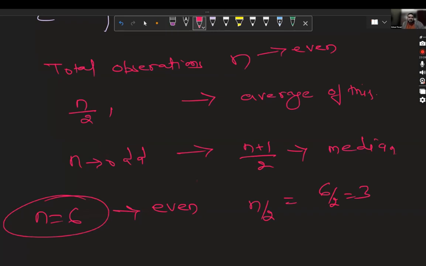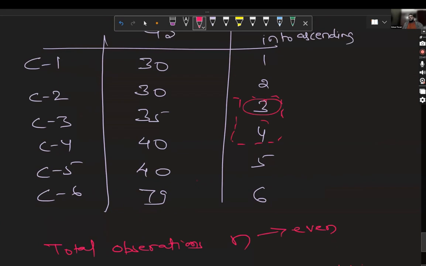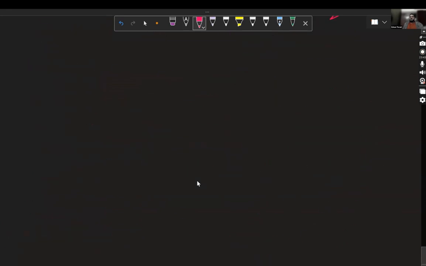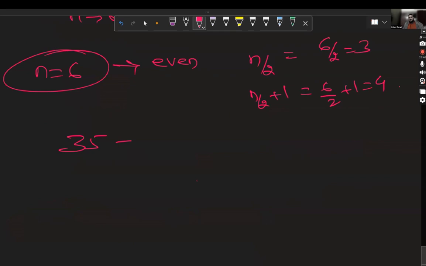It is n by 2 plus 1. So n by 2 is 3, and n by 2 plus 1 is 6 by 2 plus 1, which is 4. In this data set, what is my third term and my fourth term? The median is 35 plus 40 divided by 2, which is 37.5.